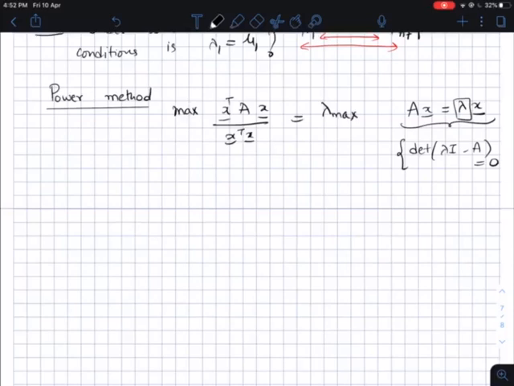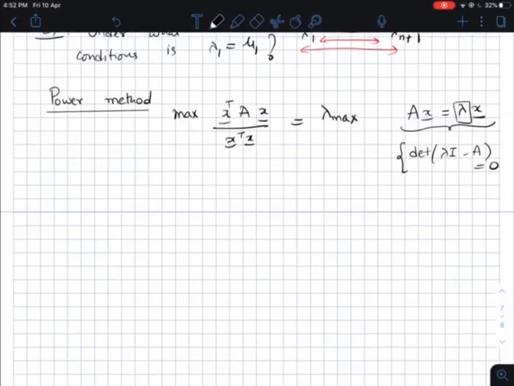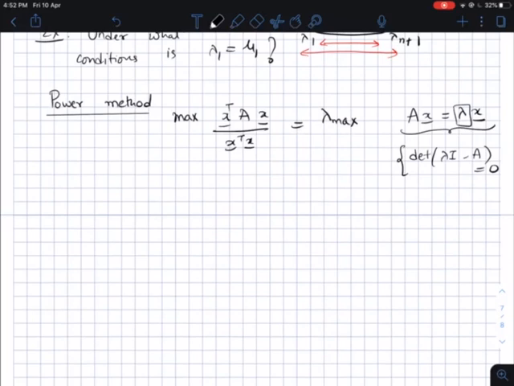So suppose I want to approximate lambda max, then what do I want to do? We all know that to get lambda max, you need to pick x to be equal to the corresponding eigenvector of lambda max.